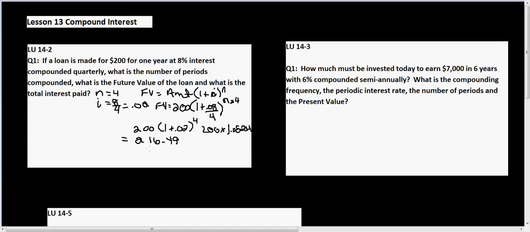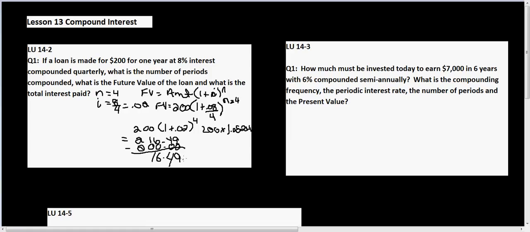That's going to give us $216.49. So that's the principal and interest. If I wanted to find out how much the interest was, I would simply take off the $200, the face value of the loan, and that would tell me how much interest I actually paid. There you go, $16.49 in interest.